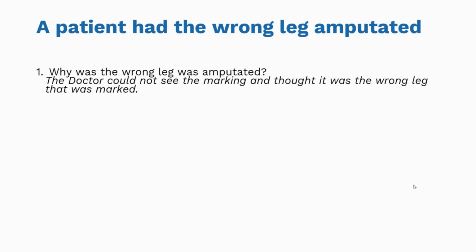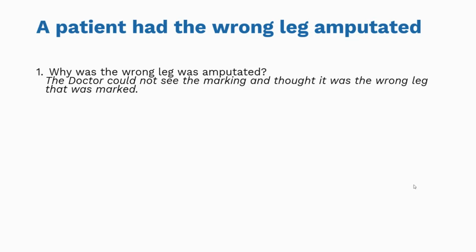So why was the wrong leg amputated? That is a question. Maybe the first reason could be the doctor did not know. This is again based on a very imaginary assumption. The doctor did not see which leg was marked for the amputation. That could be the first reason.